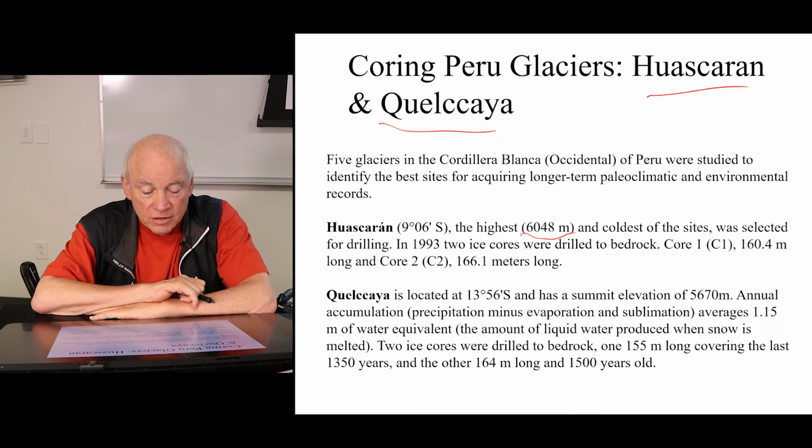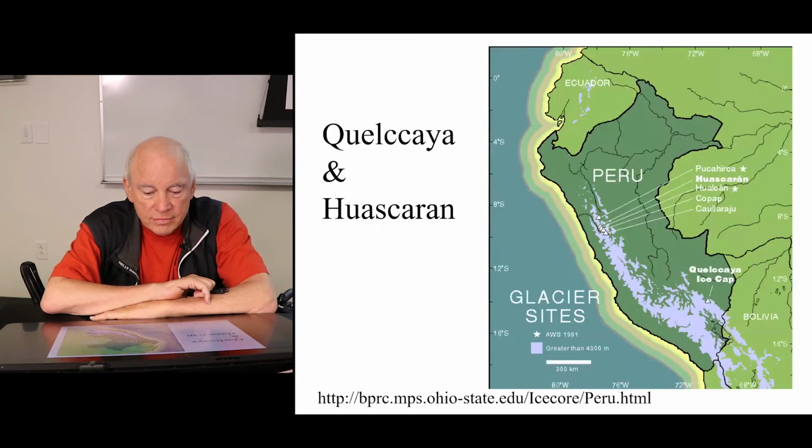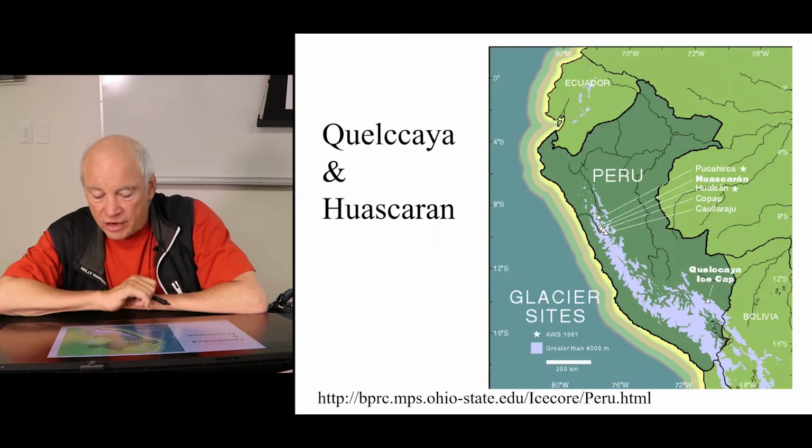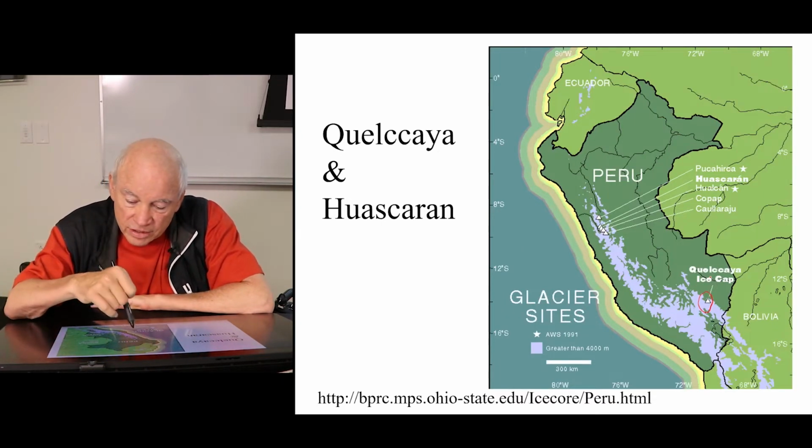You just have to core it with pretty much just gravity. And Quelccaya is a little bit farther south and is a little bit lower down, but both of them were cored. So just see where they are. Here's Quelccaya down here, and here's Huascaran up here.